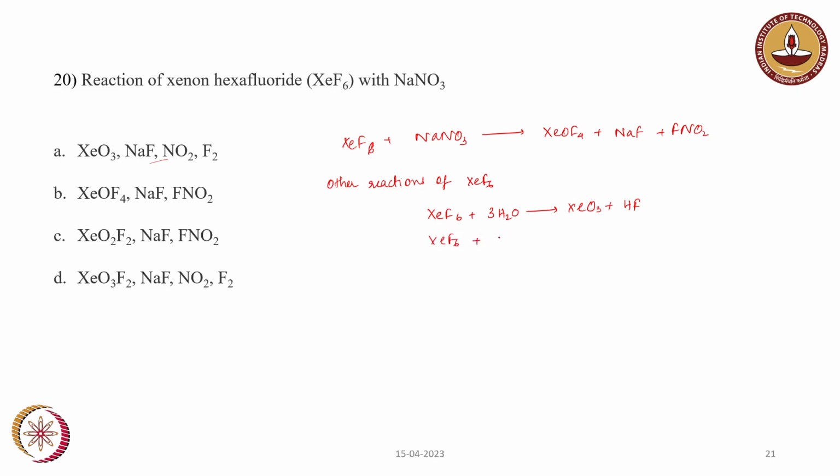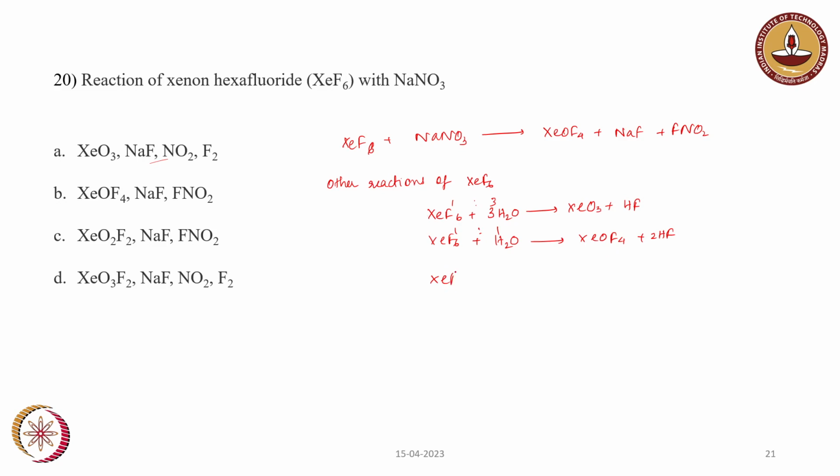XeF6 plus water in 1:1 ratio will give XeOF4. The product will be different depending on the ratio of XeF6 and H2O we are taking. So 1:3 will give XeO3 and 1:1 will give XeOF4.